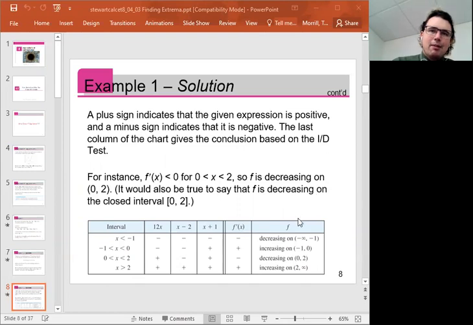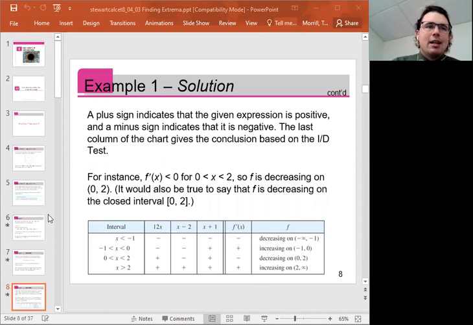So between minus infinity and minus 1, the derivative is negative, and that means the original function is decreasing. Between x equals negative 1 and x equals 0, the derivative is positive, and that means the original function must be increasing. Again, between 0 and positive 2, the derivative of the function is negative, and the original function must be decreasing.